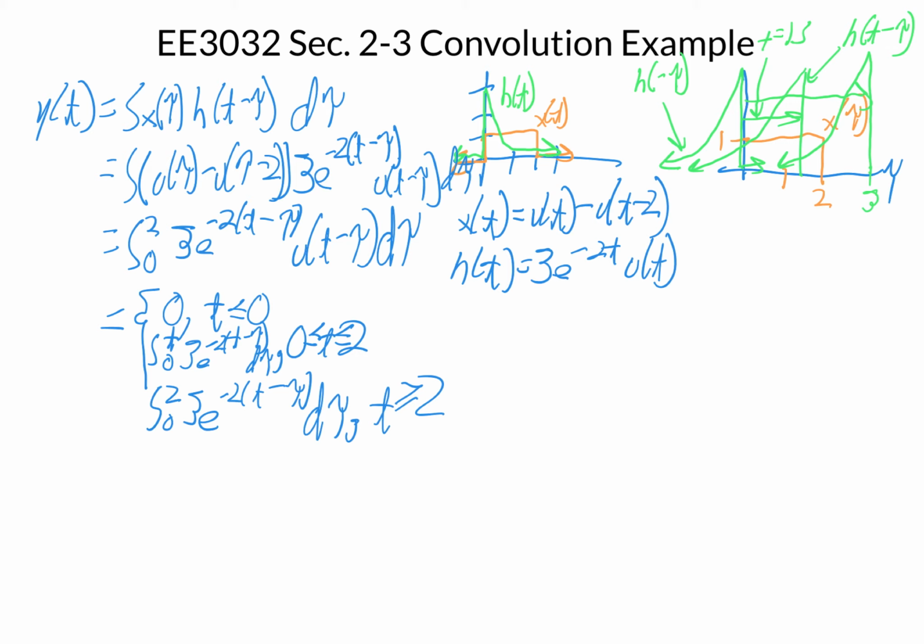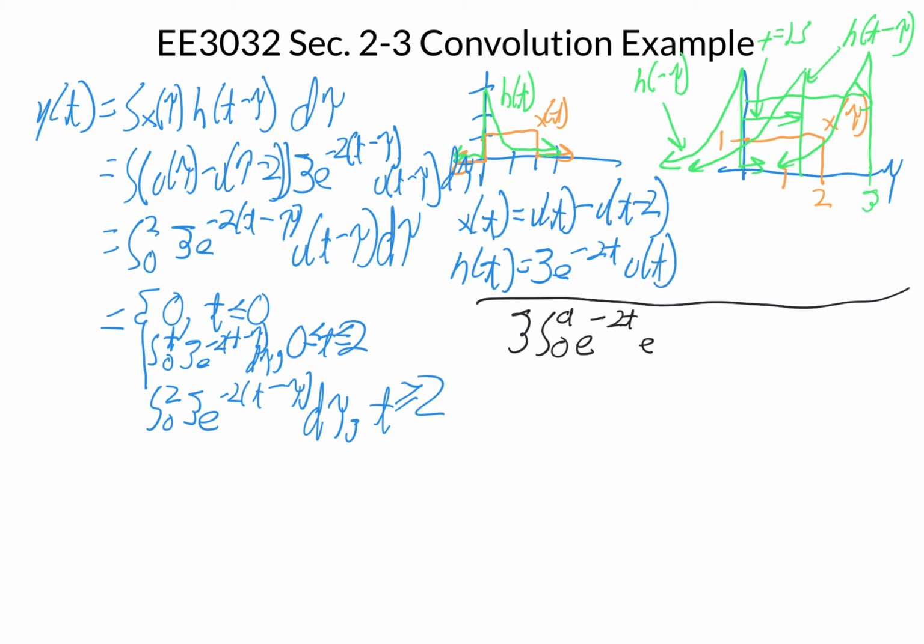And so we're going to have here 3 integral of 0. Now the upper limit can be 2 or t, so let's just use the parameter a as a placeholder for that, and we'll substitute it back in a minute. And now we're integrating e to the minus 2 times the quantity t minus tau. So let's break that out into two terms.